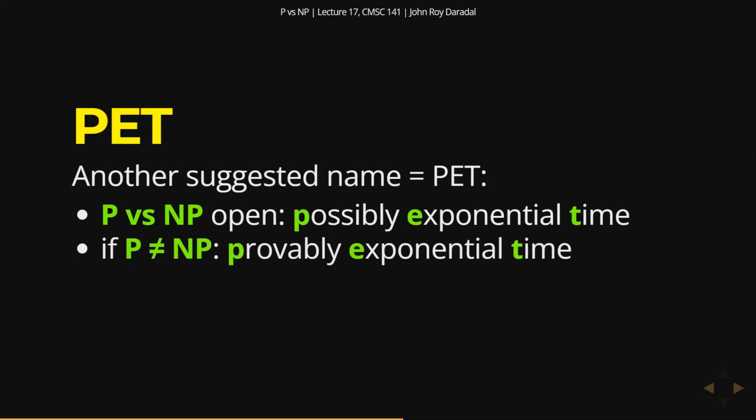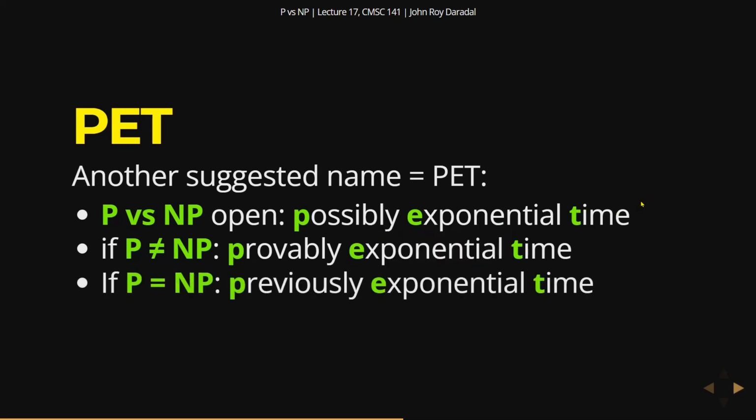If we prove that P is not equal to NP, then it would be called provably exponential time, because we have proved that it really is not polynomial and it is in fact exponential time. And if it was proven that P is equal to NP, then we would call it previously exponential time, because now we know that it's in polynomial time. So PET would have worked also, but they stuck with NP, which is non-deterministic polynomial. Just a little background and history about the name.